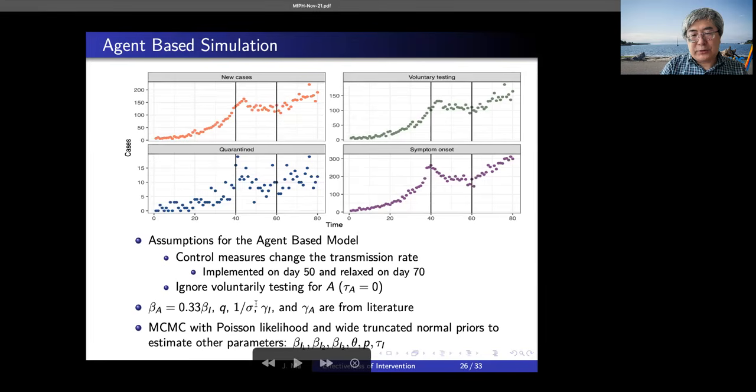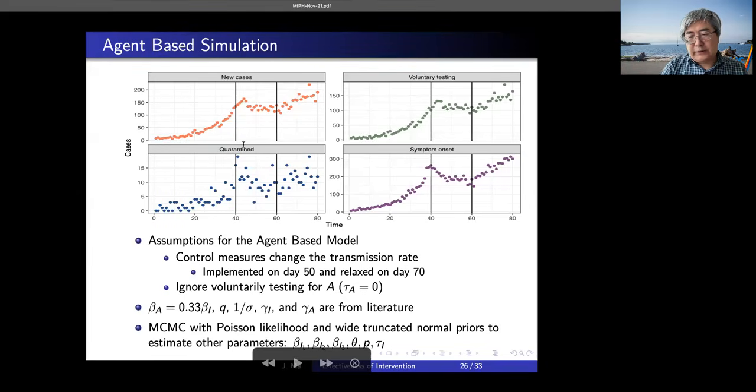Many of the parameters are assumed to be known, like the relationship between the transmission rate of the asymptomatic and the symptomatic classes, the fraction of asymptomatic individuals, and the latent and infectious periods, which are all assumed to be given. There are 3 different periods where the transmission rate changed to simulate social distancing and other control measures.